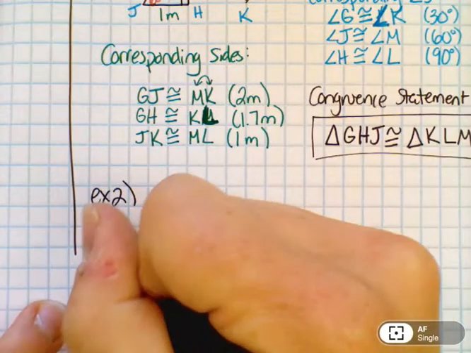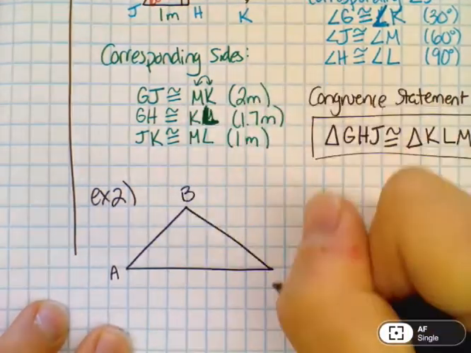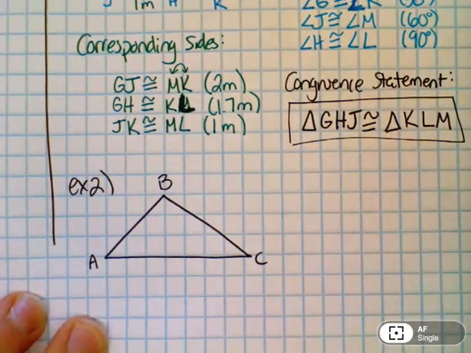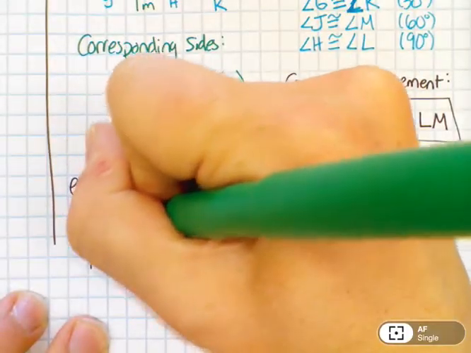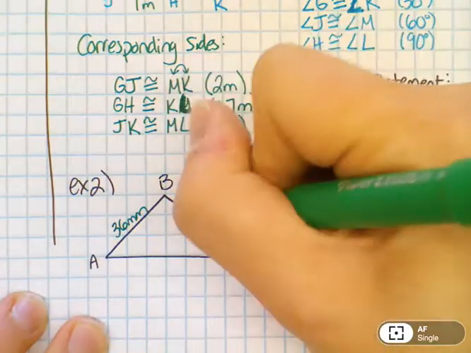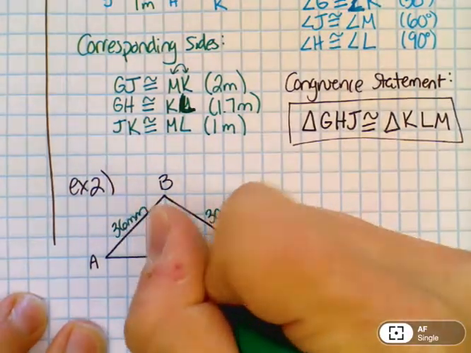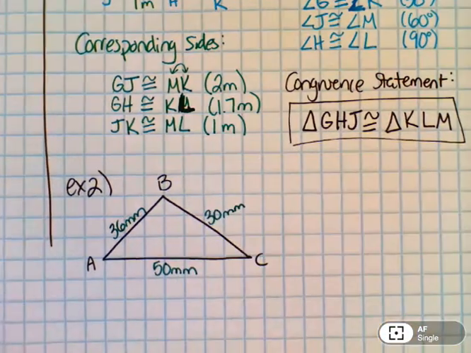And we're going to label the vertices A, B, and C. We're going to label some side lengths. This is 36 millimeters. This will be 30 millimeters. And this one down here will be 50 millimeters.